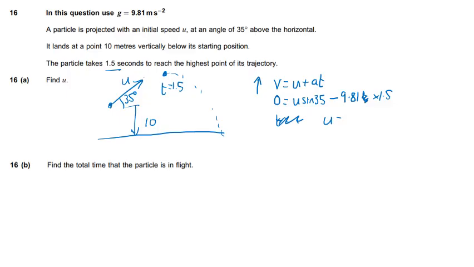So therefore u, which we're looking for, is 9.81 times 1.5 divided by sine 35, and that comes out to be 25.7 meters per second.